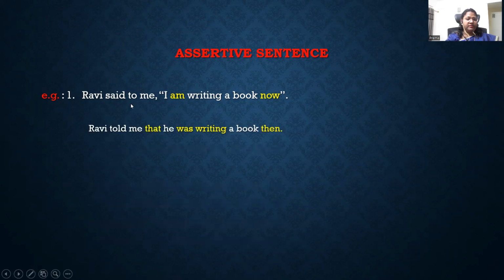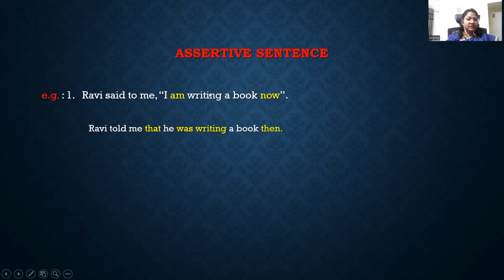First of all, the reporting verb said to will be changed into told, and then we have to remove all the punctuation marks and add the conjunction. This is an assertive sentence, so we should use that as a conjunction. Then first person I will change according to the subject, because I refers to Ravi. So accordingly we should change I into he. Then the reporting verb is in the past tense, so the entire sentence should be changed into past.